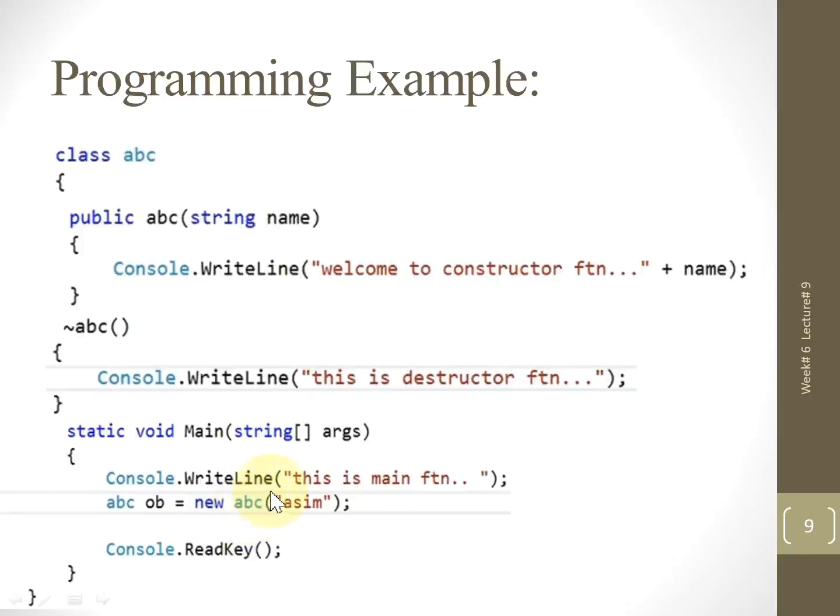Within the object we are sending one argument to the constructor function as a string because it requires a string value. So the constructor function will be called first and this message will be printed plus the name, which is Asim.